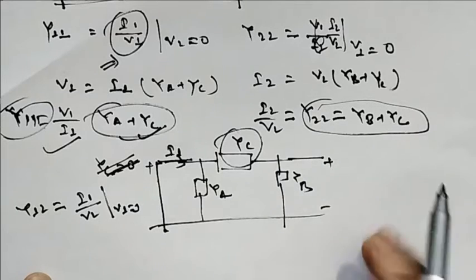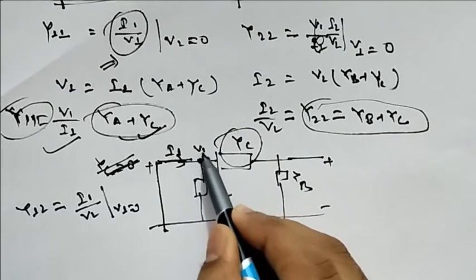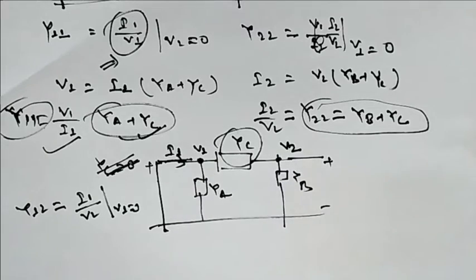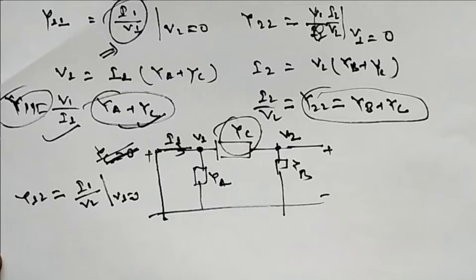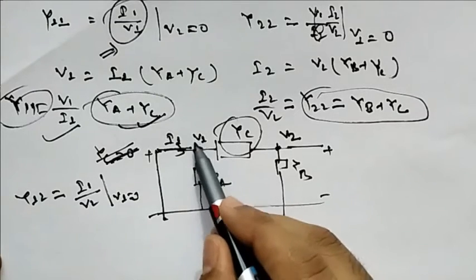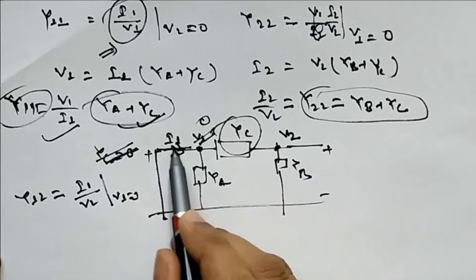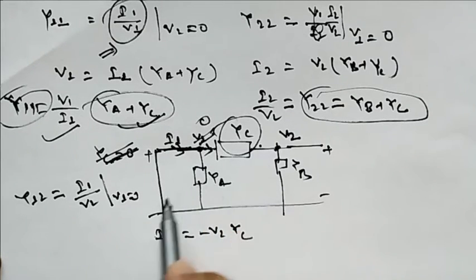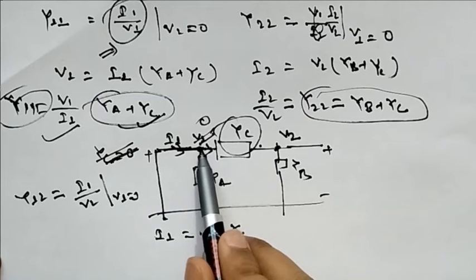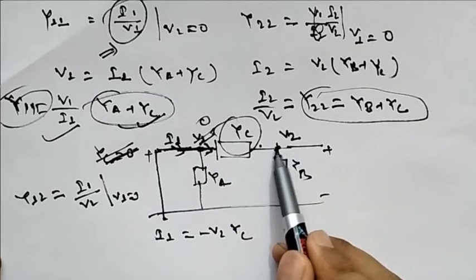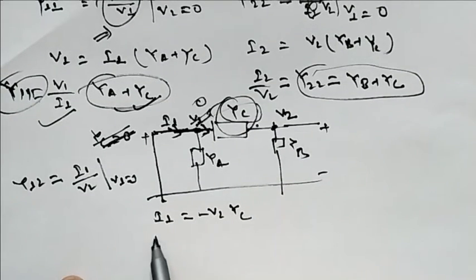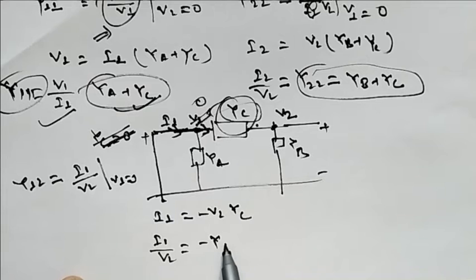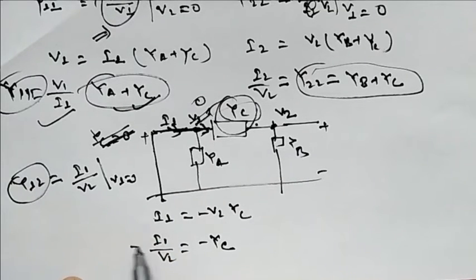If V1 is equal to 0, this current is going to enter over here. So I1 will be minus V2 yc; the current that is flowing will be minus V2 into admittance. So I1 by V2 is equal to minus yc, and I1 by V2 is nothing but your y12, and y12 is equal to minus yc.